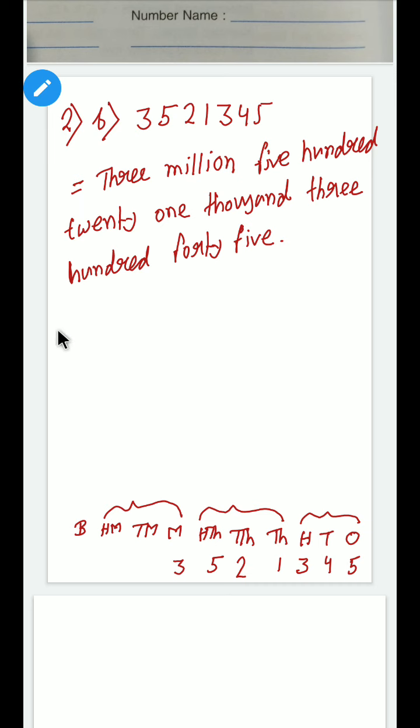Now let's see another example like this. Go to question number E. So question number E is given here: 1 2 3 2 1 4 5 6 7 8.